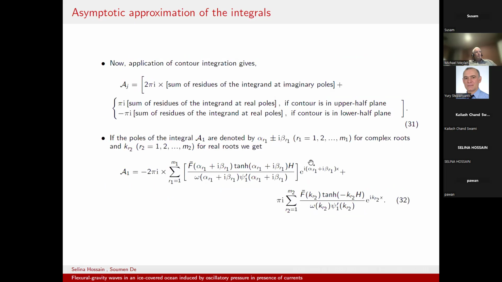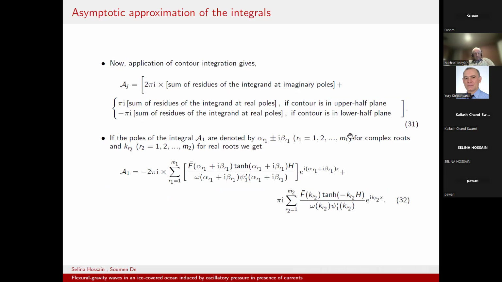Now, application of contour integration gives A j as given in equation 31, which is the formula from Cauchy's residue theorem, that is 2 pi i times the sum of residues of the integrand at the imaginary poles plus pi i times the sum of residues of the integrand at real poles if the contour is in the upper half plane, or minus pi i times the sum of residues of the integrand at real poles if the contour is in the lower half plane.